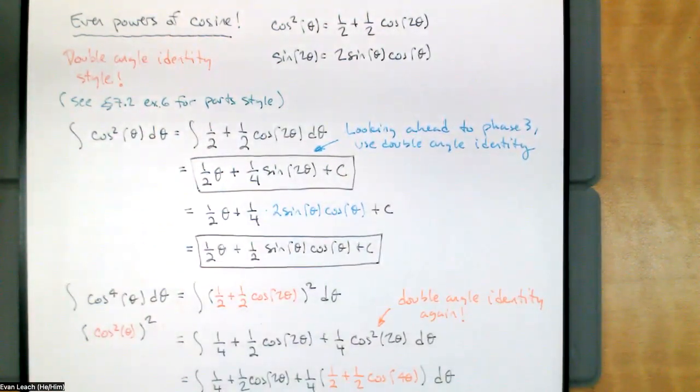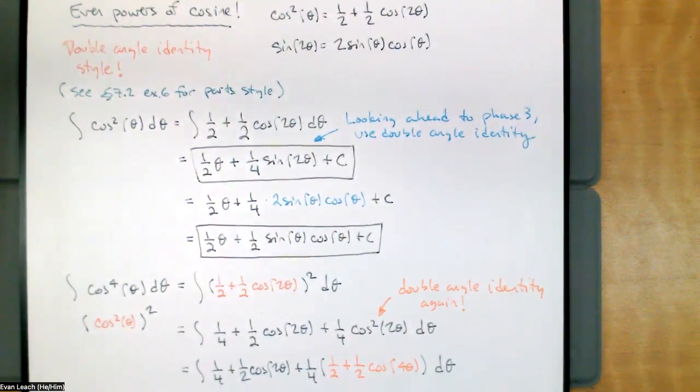Originally, we have cosine squared theta is a half plus a half cosine of 2 theta. So if I double up the theta in the cosine squared, I just double up the 2 theta in the cosine.